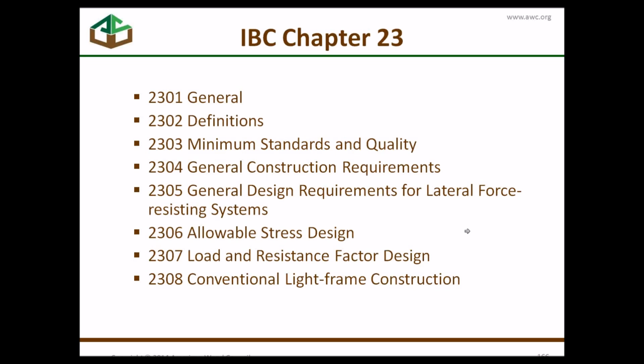Let me talk, before I go to that slide though, a little bit about this provision here, 2308 conventional light frame. This is also an alternative. However, it is very limited. What this section is, basically, is residential framing requirements, very similar to what you would find in the International Residential Code.